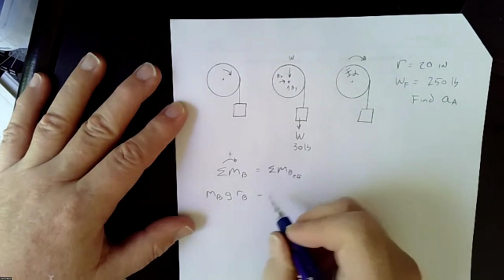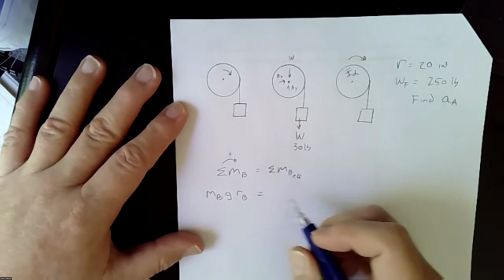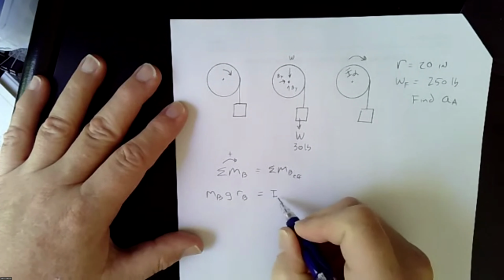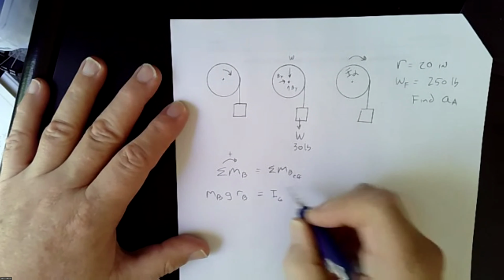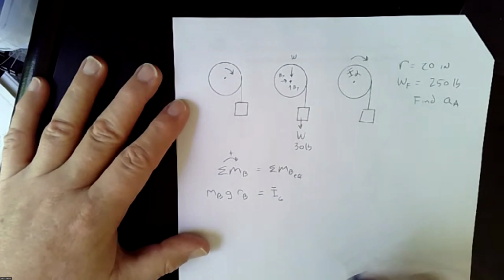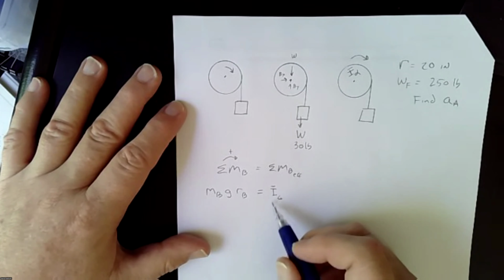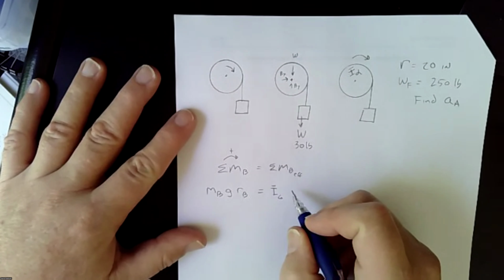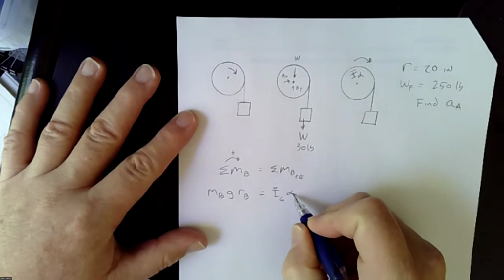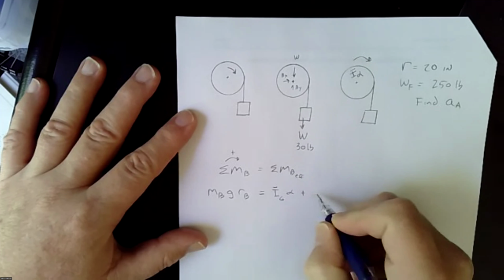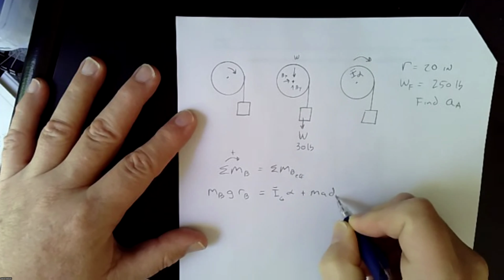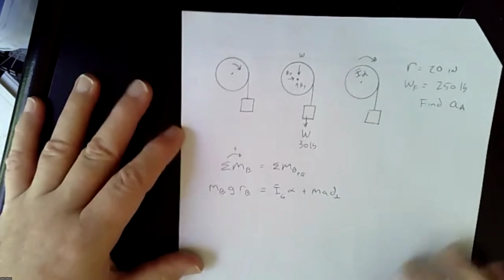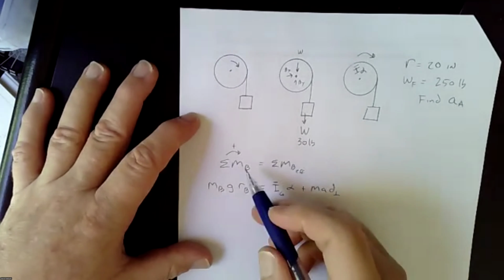And then that is going to equal I of G. So when I say I G here, I'm saying the moment of inertia of the flywheel, right? Because that always has to be I of G, and that's going to be times alpha plus M A D perpendicular. Okay. So that's my sum of my moment about there.